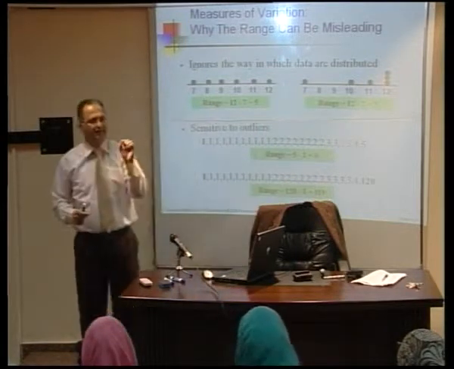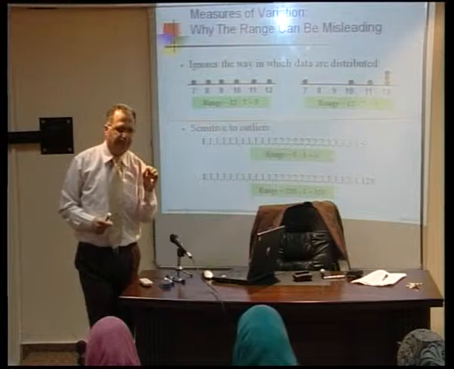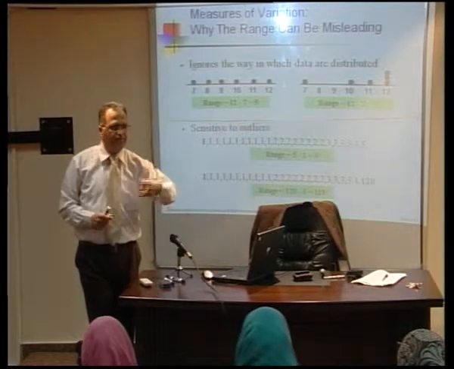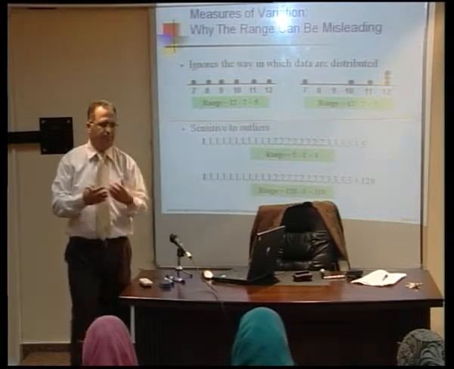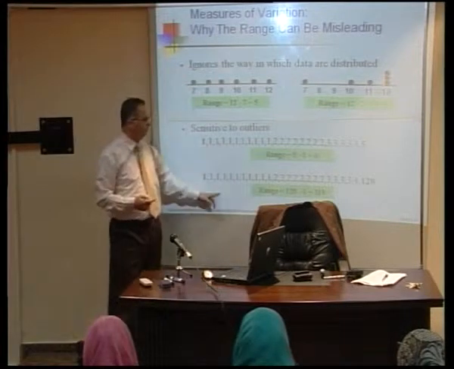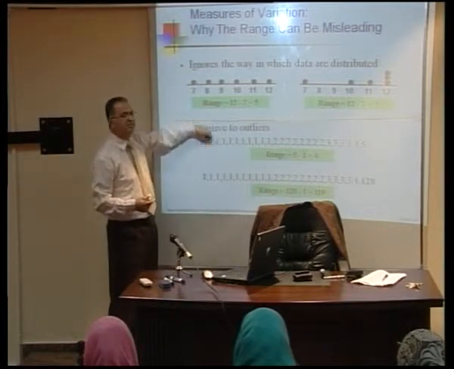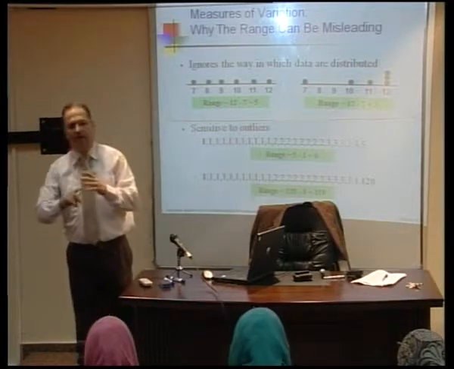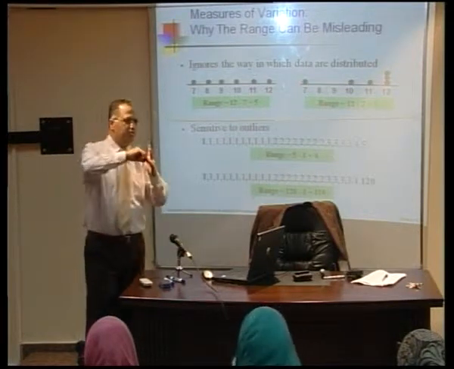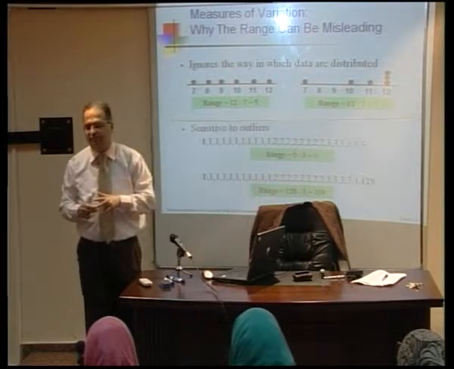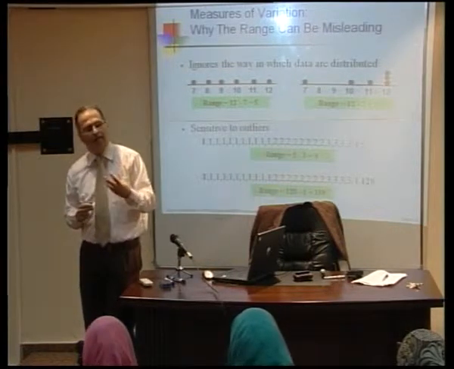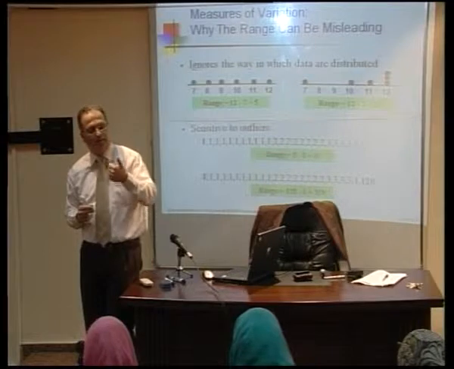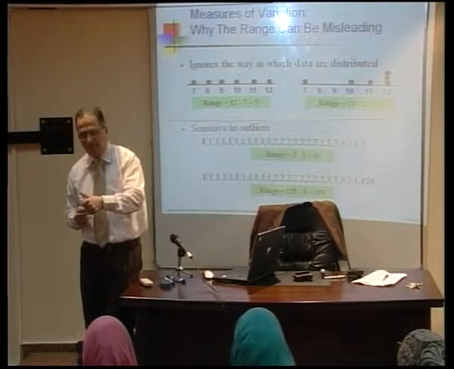So I mean, 1 point can change the range significantly, a big difference between the previous one and the other one. So that means the range is sensitive to outliers. So far, the mean and the range, these 2 measures, are sensitive to outliers. I mean, outliers affect the range as well as the mean.